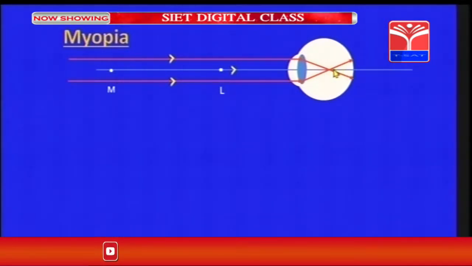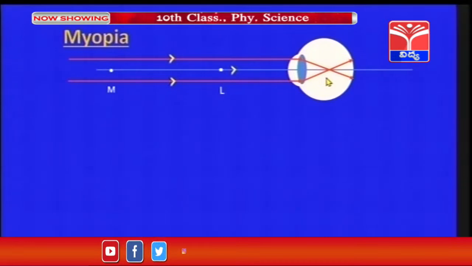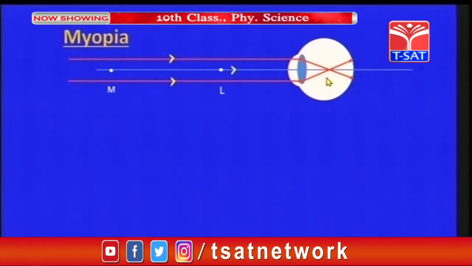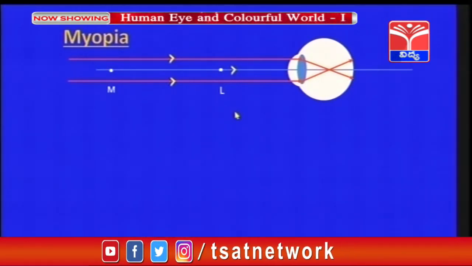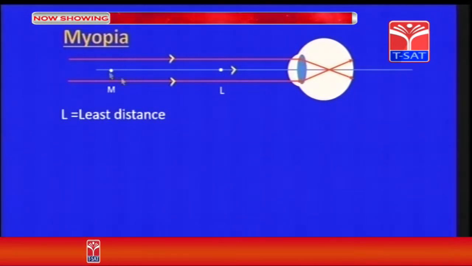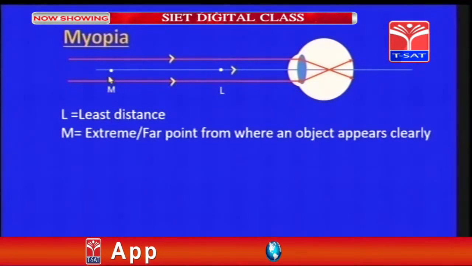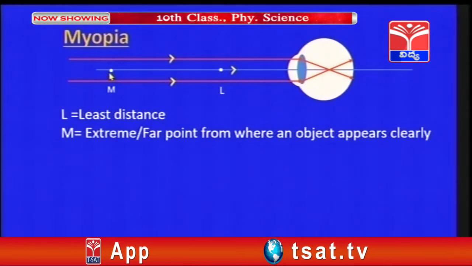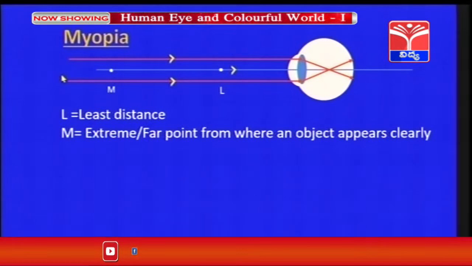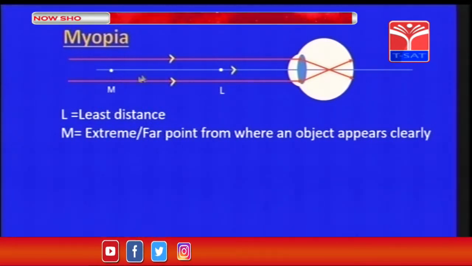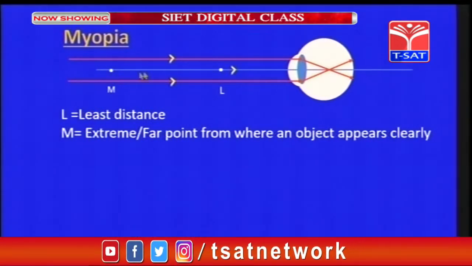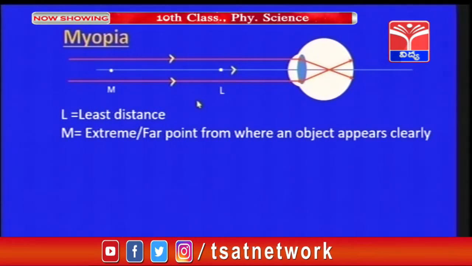Due to this reason, we are not able to see the object clearly. It appears blurred. This is L, the least distance point, and this M is known as the far point or extreme point. Beyond this point, whatever objects are there are not visible clearly, but when you place the object in between M and L, you can see the objects clearly.